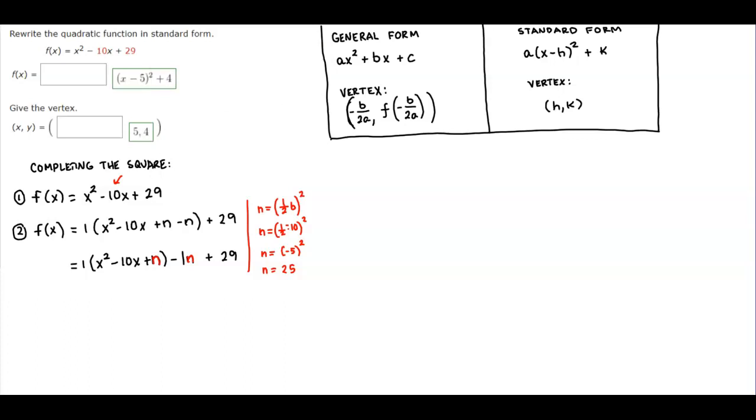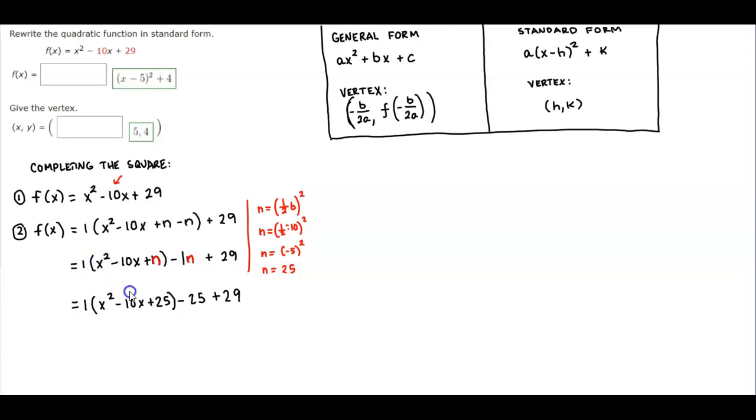Okay. So now we're going to rewrite this as 1 times x squared minus 10x plus 25, and then minus 1 times 25, which is going to be 25, and then plus 29.